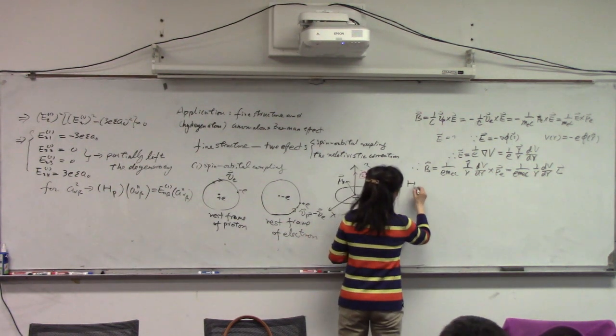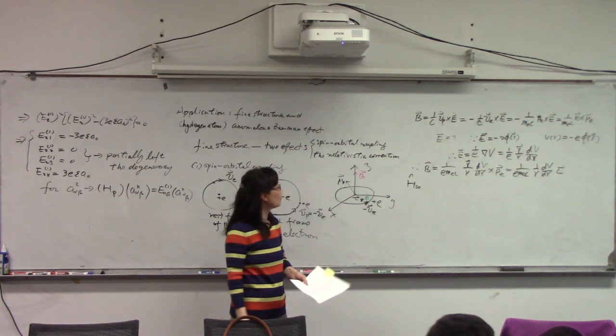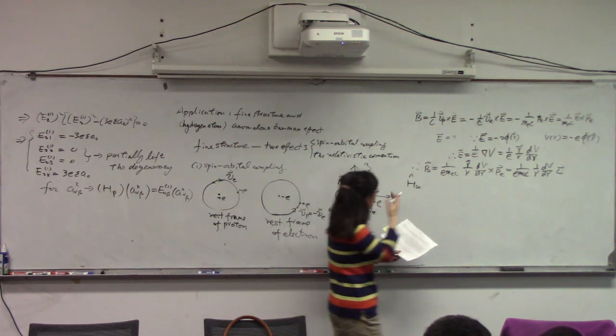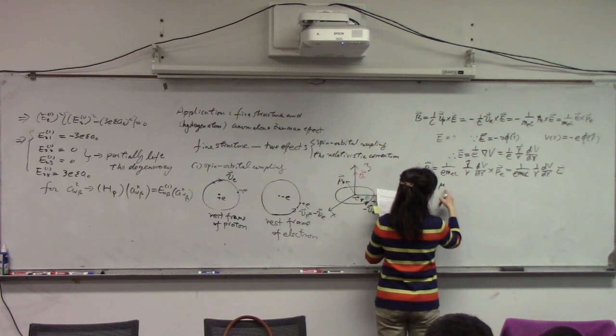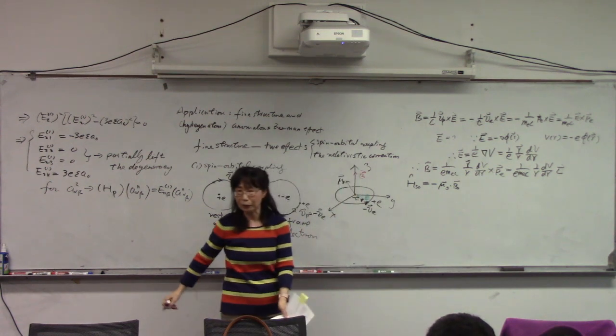Up to now, we can write down the Hamiltonian and go to the spin-orbit coupling. So I use H_SO. It's due to the spin-orbit coupling of the electron with the proton. So that would be negative: the inner product of the spin magnetic moment with the field, right?